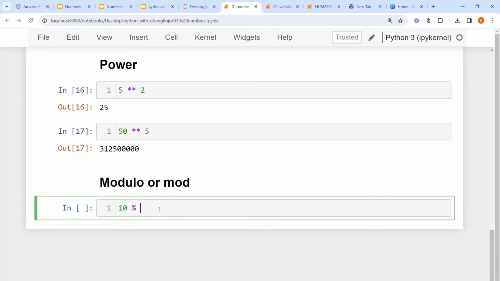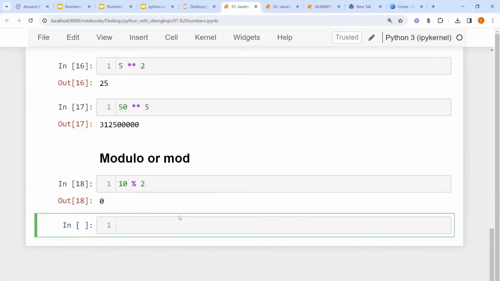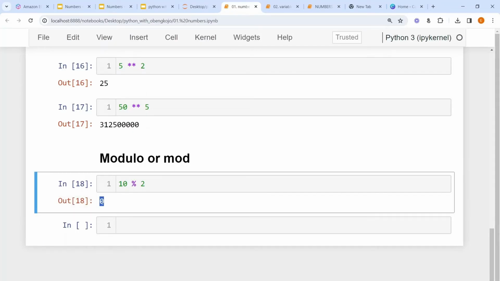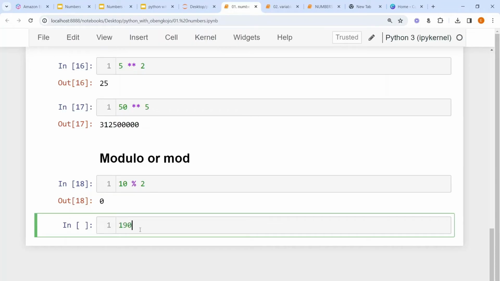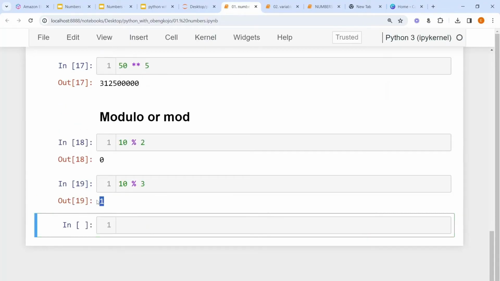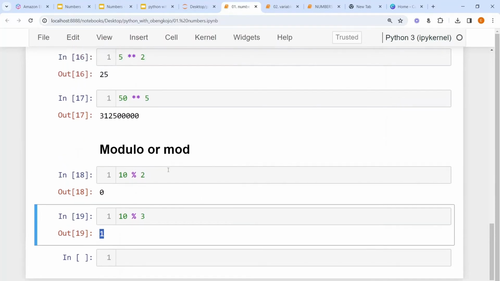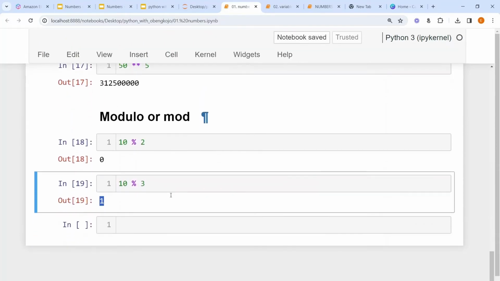We all know that 10 divided by 2 is going to give us 5 remainder 0. So let us run that. It is returning the remainder after the division. So that is why we are getting 0. If I do 10 modulo 3, we know that 10 divided by 3 is 3 remainder 1. So if I run this, I'm going to get the remainder, and this is very valuable in any programming language. So that is that for now.